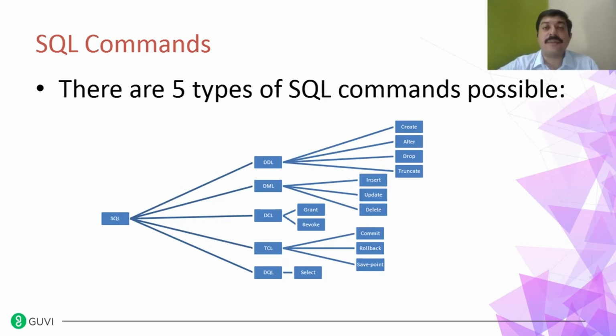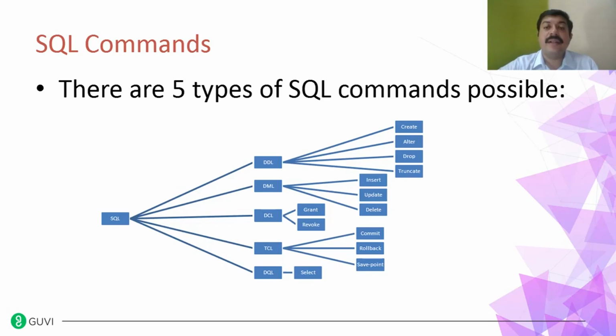Using these commands, we basically define the data in a database. With the help of these commands, we create the tables, that means we define the tables. We can alter the structure of the table. We can drop the table entirely, and we can delete the data inside a table using the truncate command. We're going to learn all of these commands in detail in our coming chapters.